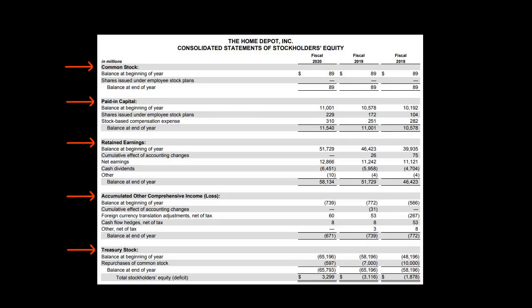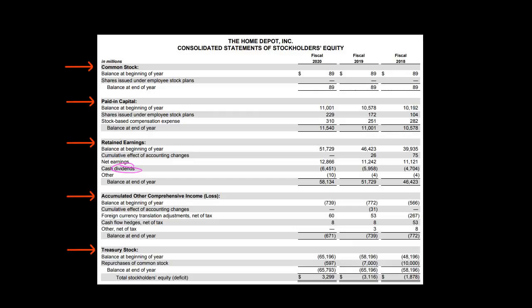So what happened? Well, was there a cumulative effect of any accounting changes that affects retained earnings? No, not this period. There were in some prior periods, but that's not what happened here. Next, net income. There was $12.866 billion of net income during the period, so that's going to get added to the beginning balance of retained earnings.